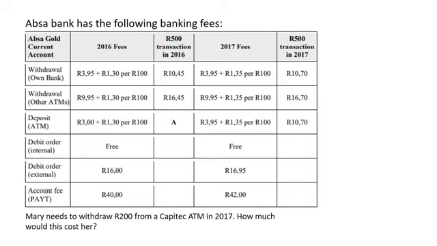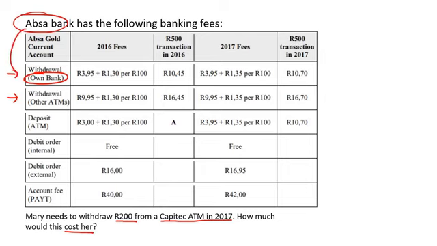This one says Mary needs to withdraw 200 Rand from a Capitec ATM. How much would this cost her? Okay, so we have to assume that Mary has an ABSA account. Because this is an ABSA fee structure, when you do a withdrawal in 2017, you're going to go to either this one or this one.